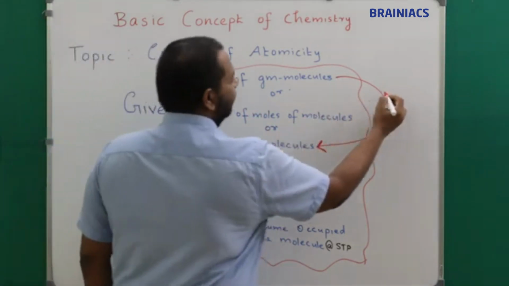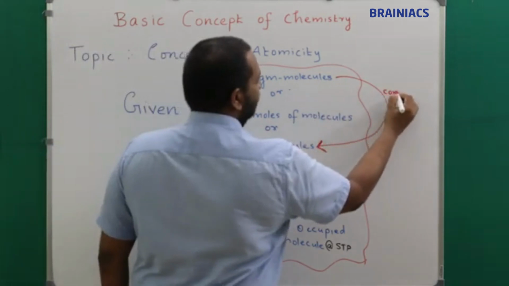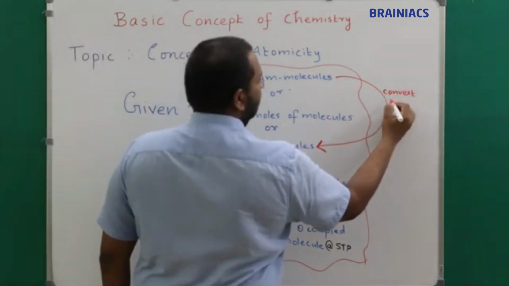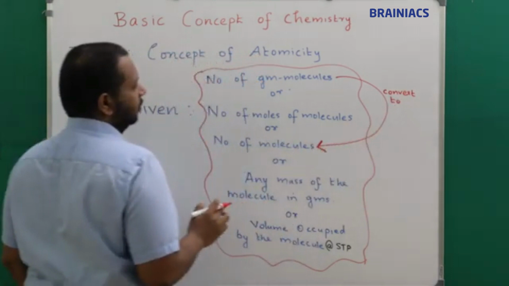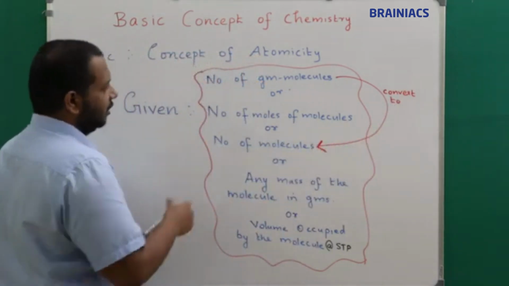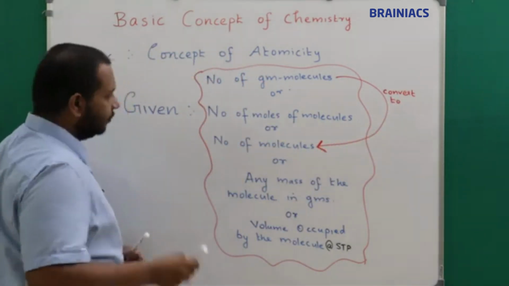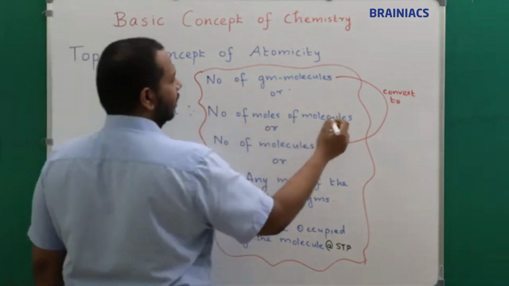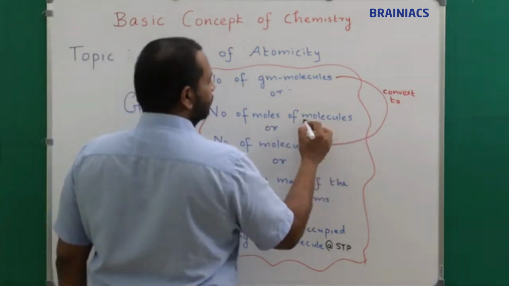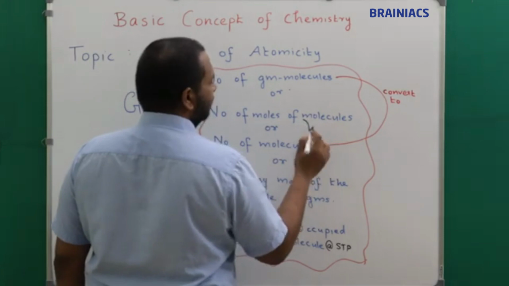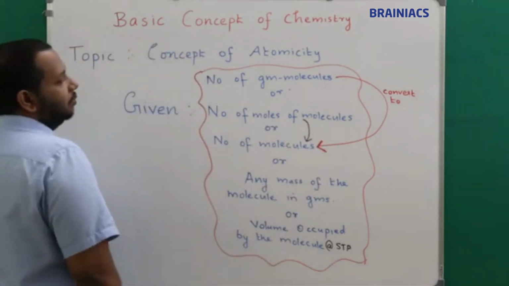So I can say convert to number of molecules. And suppose if they are giving number of moles of molecules, then also the same is the strategy. Follow the same thing, that is convert to number of molecules.